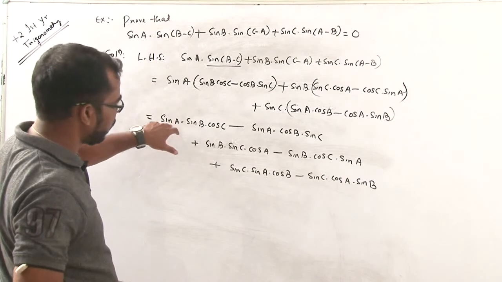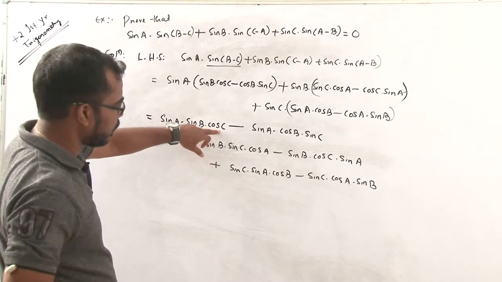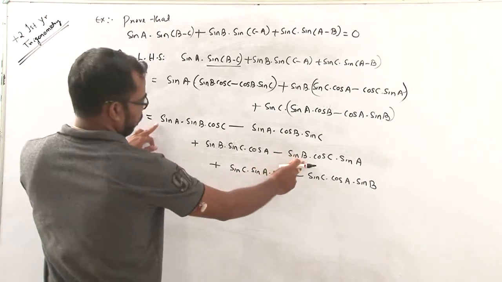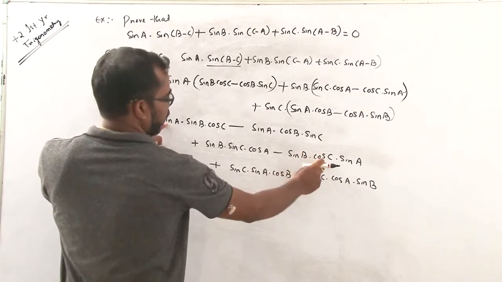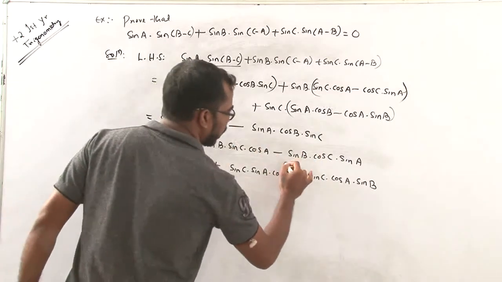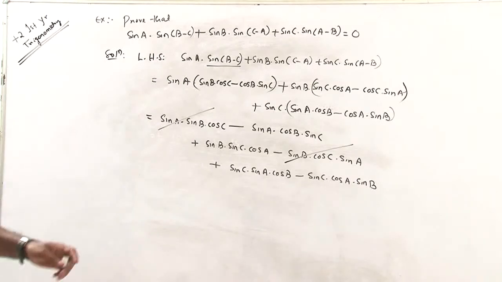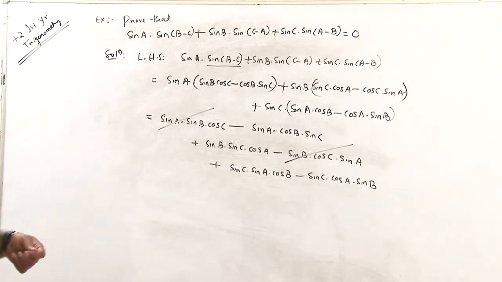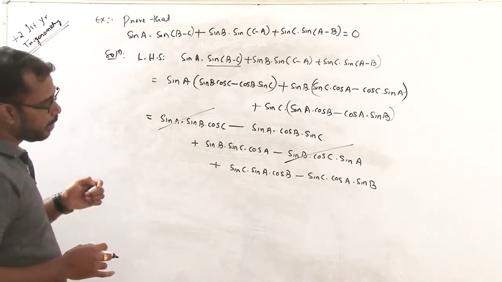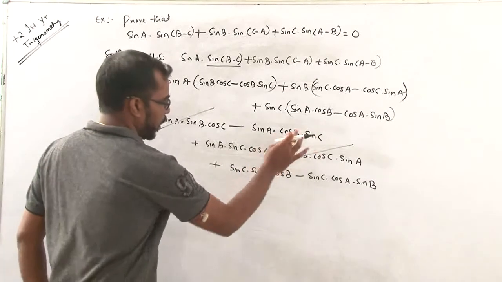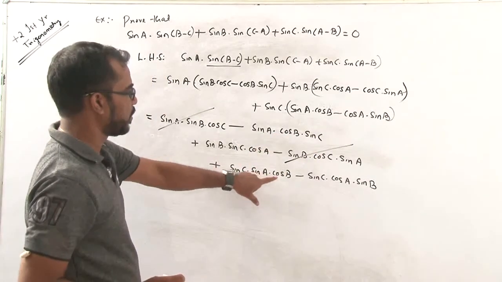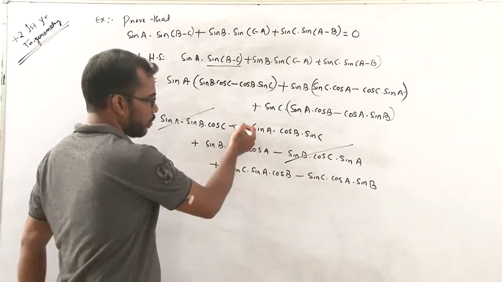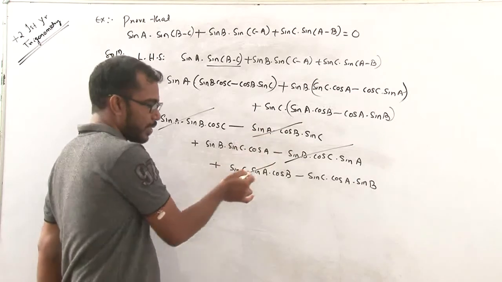Here sin A sin B cos C is equal to the fourth term, sin A sin B cos C. The first and fourth terms are opposite in sign but the value is the same, so we can cancel them. Similarly, the second, sin A cos B sin C, and the fifth are the same with alternate signs, so we can cancel them.